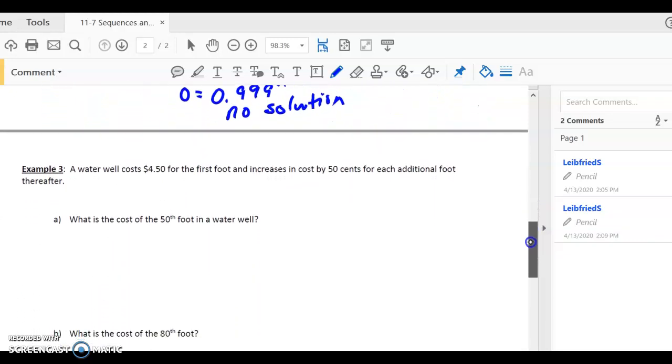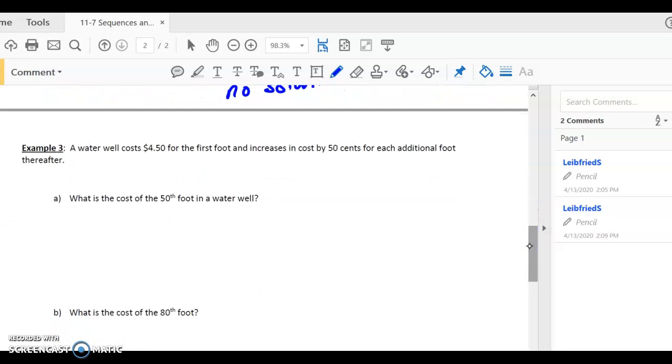Example 3. A water well costs $4.50 for the first foot and increases in cost by 50 cents for each additional foot thereafter. Part A, what is the cost of the 50th foot in the water well? We want the 50th foot. We're starting off with $4.50 for the first foot, that's T1.